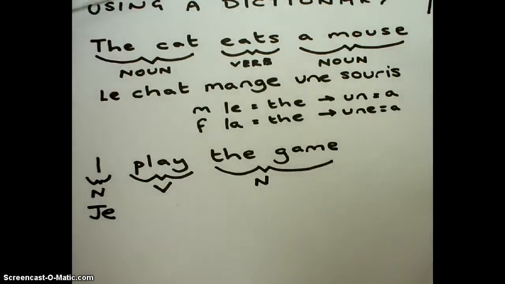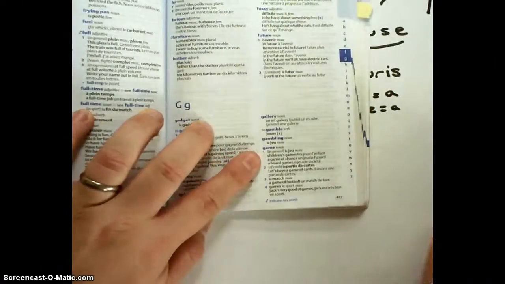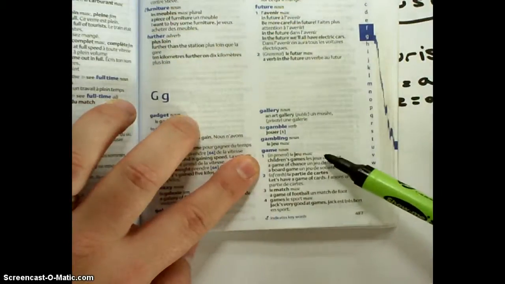I play the game. The next thing we're looking for is game. Let's go in our dictionary one more time. If we look on here, we've got the word game. Let's zoom in to make it more straightforward for ourselves. Now this time it says, in general, le jeu, masculine.